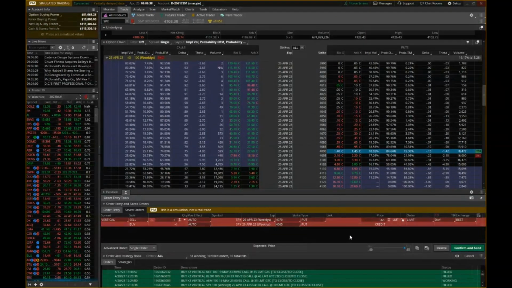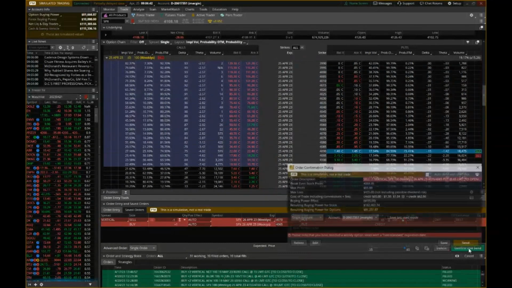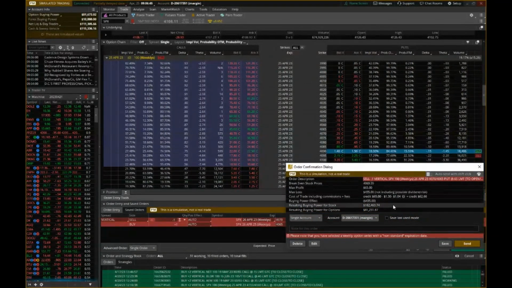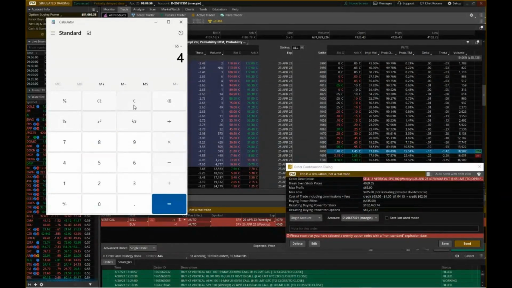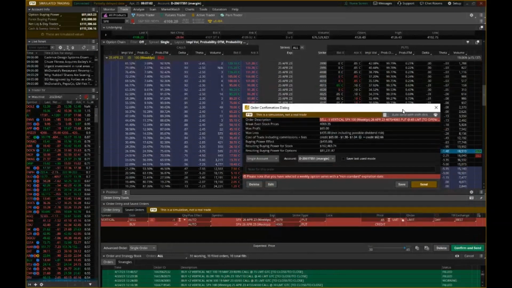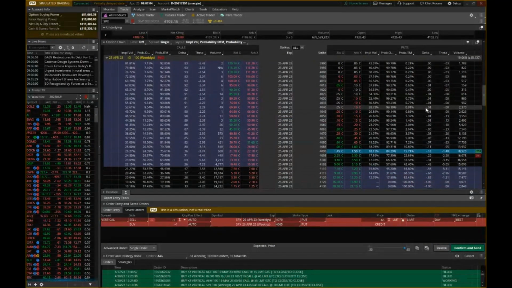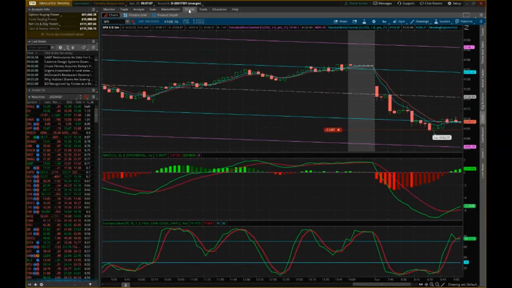If I wanted it to fill right now, I could get a 65-cent credit, which is still within my 10% requirement. So hold on, sorry. So 65 divided by my buying power effect is roughly 15% return on capital. Right, so do I want to be greedy or do I want to chase it?